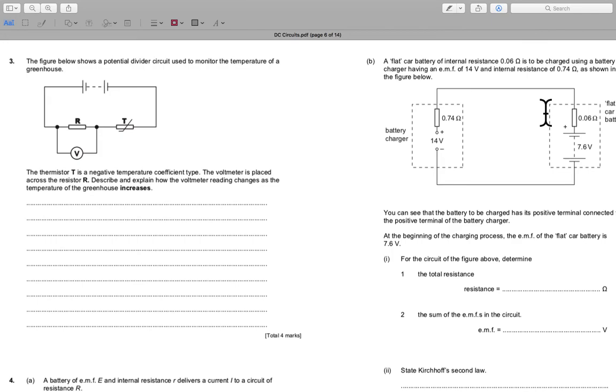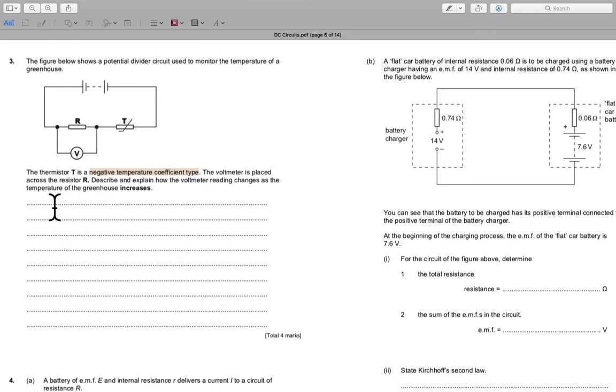This thermistor is a negative temperature coefficient type, so it is the opposite of the increase of temperature. Negative means if the temperature increases, the resistance decreases.